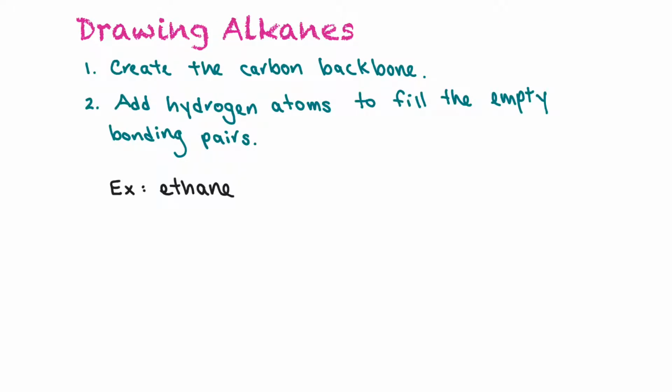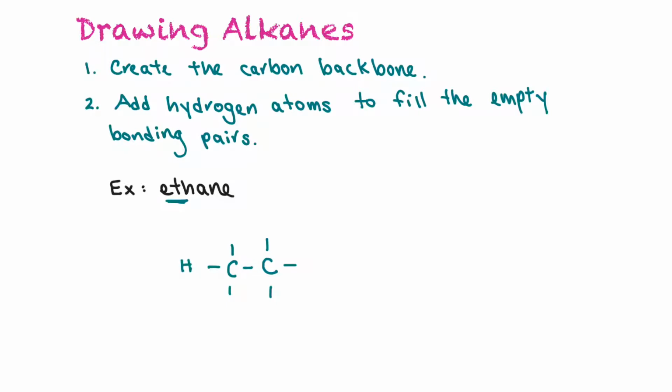So now if we were asked to draw an alkane, you would first create the carbon backbone. So you draw your carbons, and then you would add hydrogen atoms to fill the empty bonding spaces. So in this example, we have ethane. So eth is for 2. So there's 2 carbons. And then we'll remember carbons can make 4 bonds. So we add up the remaining bonding spaces here, like so.